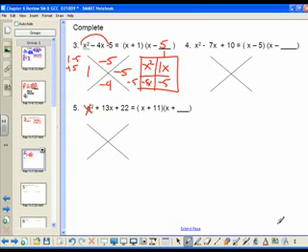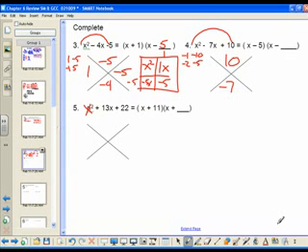Over here, again, we have 1 times 10, so we have a positive 10 and a negative 7, which means either both my factors for 10 have to be positive or both are negative. And since this is a negative number, I'm not going to worry about the positive ones, so I have negative 1, negative 10, negative 2, negative 5.